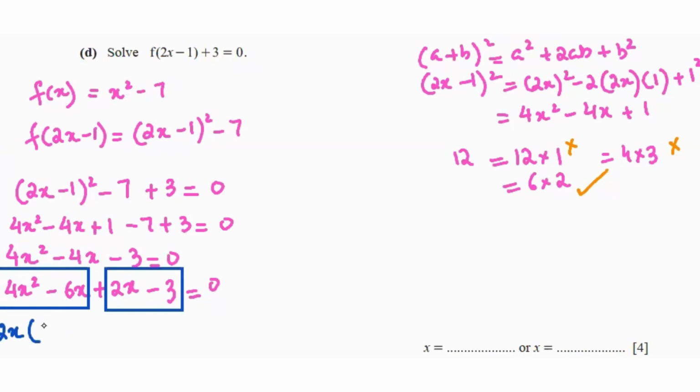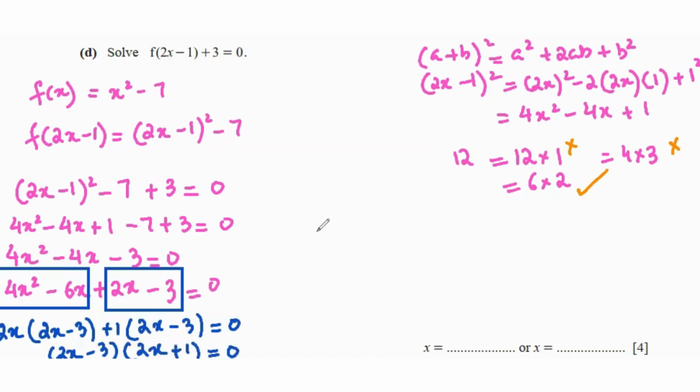So we'll have 2x minus 3 in the bracket. And between 2x minus 3, we have plus 1 common. So we'll have 2x minus 3 in the bracket. So that's going to be 2x minus 3 times 2x plus 1. So one value of x is 3 over 2, and the other value of x is negative 1 over 2. That is your answer.